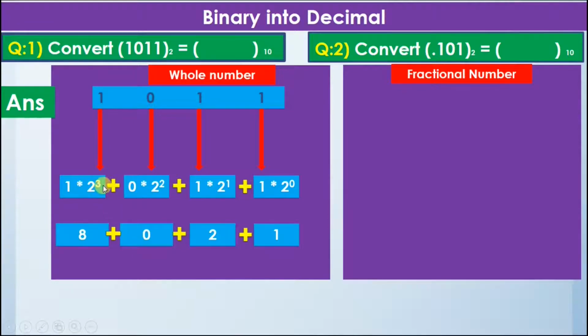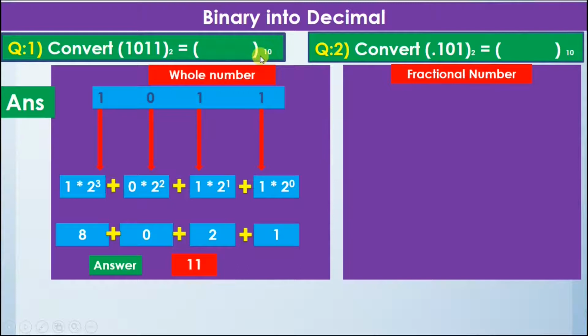Next 2 raised to power 3 is equal to 8 and 8 into 1 is equal to 8. Now we add them all together. 8 plus 0 is equal to 8, 8 plus 2 is equal to 10, and 10 plus 1 is equal to 11. So the final answer is 11, and we can say that the number 1011 in binary is equal to 11 in decimal.